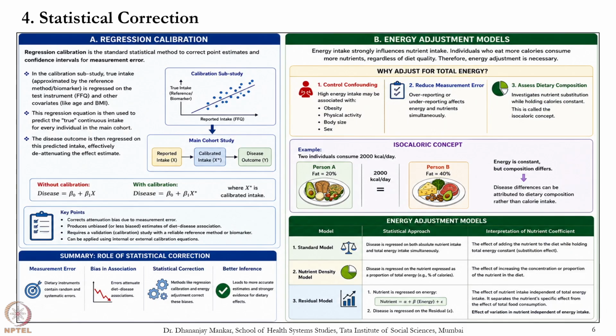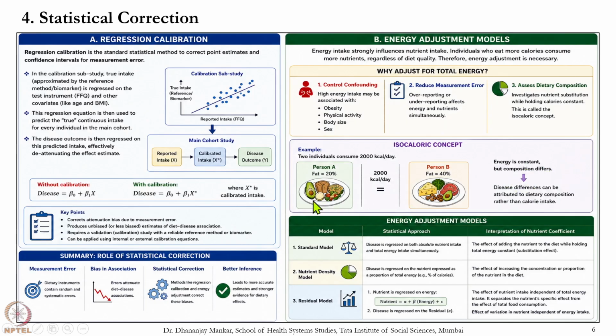When you have to investigate nutrient substitution while holding calories constant, this is called the isocaloric concept. For example, person A has fat at 20% of 2000 calories per day, and person B has fat at 40%, but the energy is constant while the composition differs.